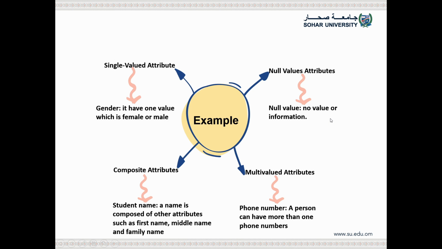I think this means maybe I don't have a phone number. The university conceptual schema is designed to store a phone number for each student. So if I don't have a phone number, the university will store my phone number as a null value, no value or information.